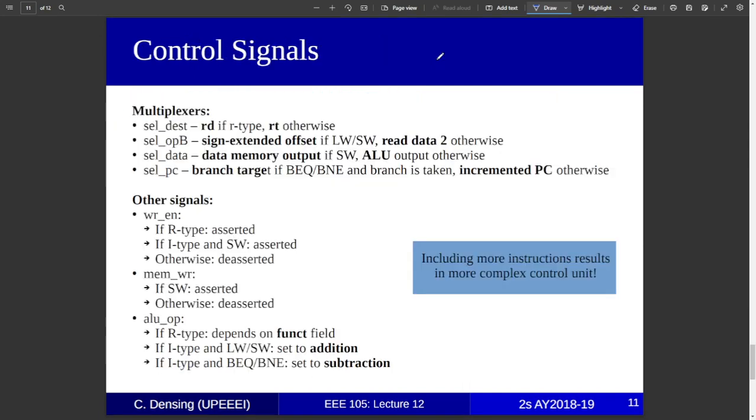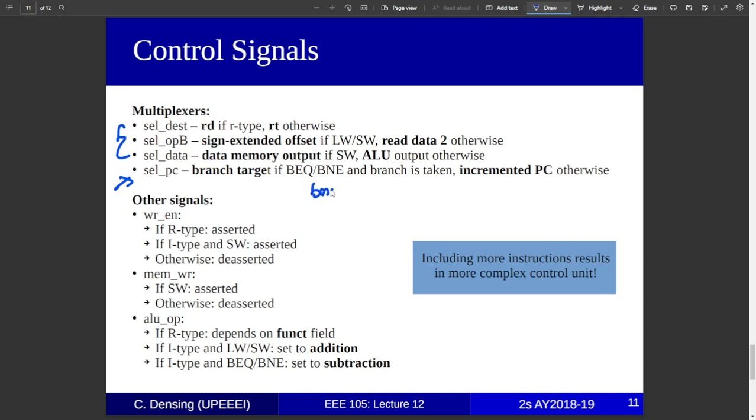Okay, so these are the control signals. As summarized here, these three are the old stuff, and then cell PC is the new stuff here. We've already discussed what cell PC is.